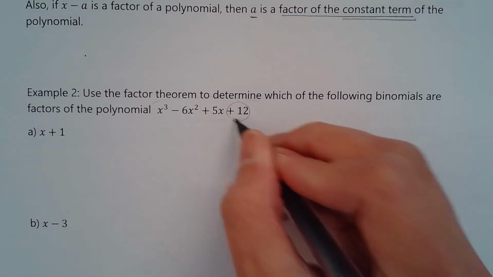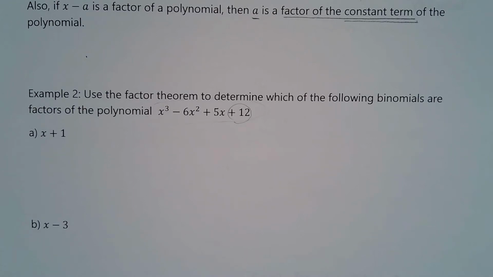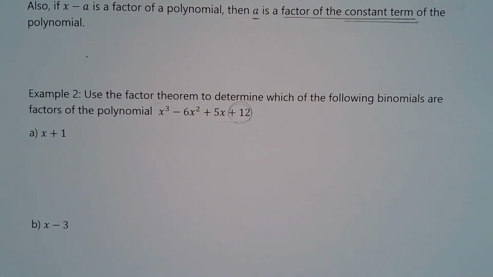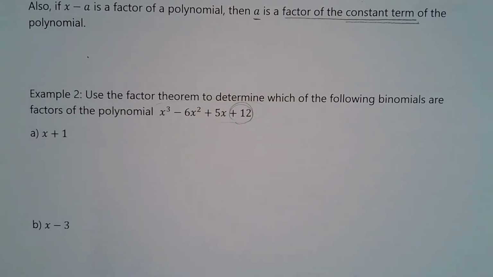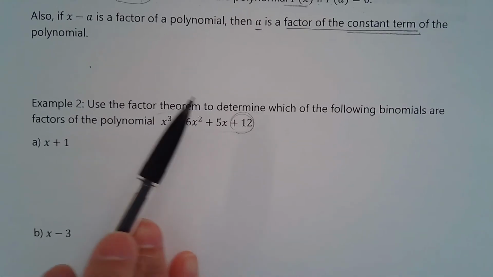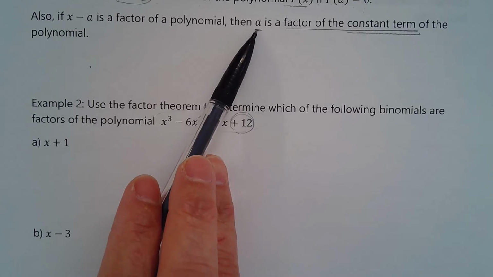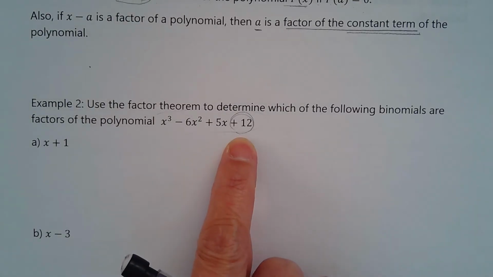So this is the constant term. If x minus a is a factor of the polynomial, then a, whatever that number is, is a factor of the constant term.